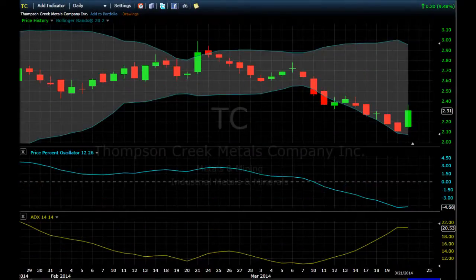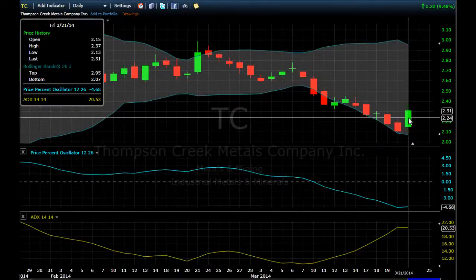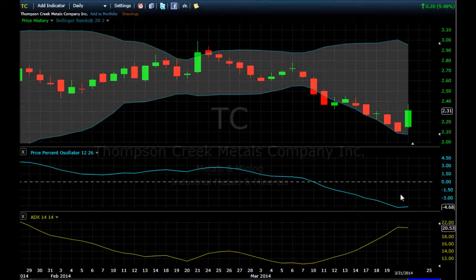So here's one example where I don't know what's going to happen. I've showed you examples that have occurred in the past. So of course you may say, well, you pick and choose the stock that shows that the indicators do work, even though I did show some where it failed. But today is March 21st, and again, you can see that this is the last date, Friday, March 21st.